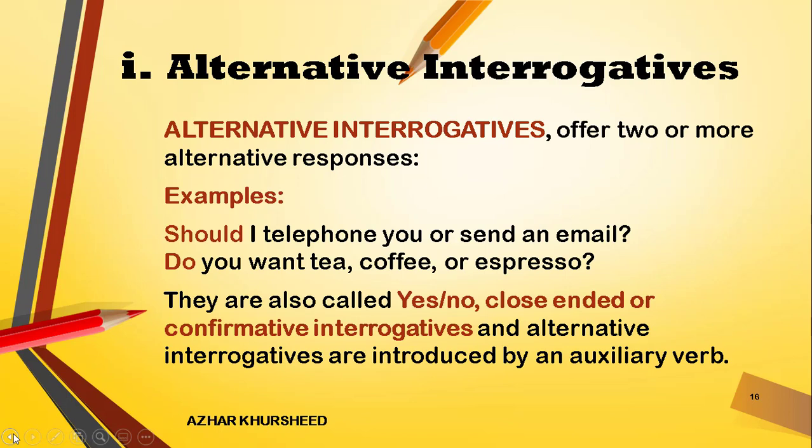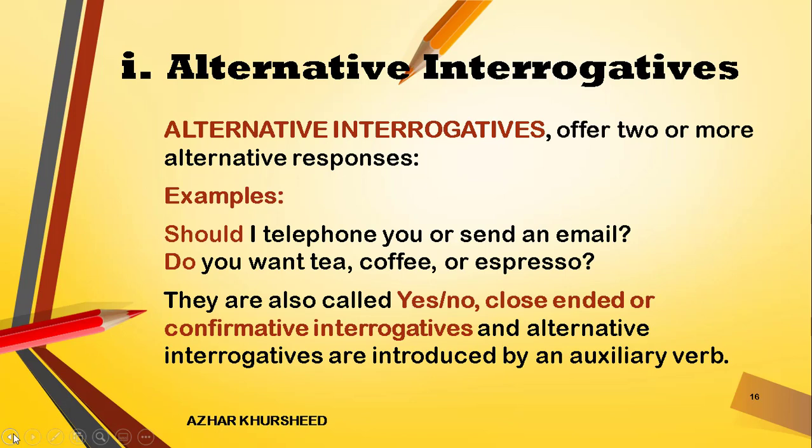Nothing else, nothing more. Confirmative, because in these questions, confirmation is done about some information. Now, alternative interrogatives are introduced by an auxiliary verb. They usually start with an auxiliary verb like is, am, are. Are you a Pakistani? Are you a foreigner or something like that?